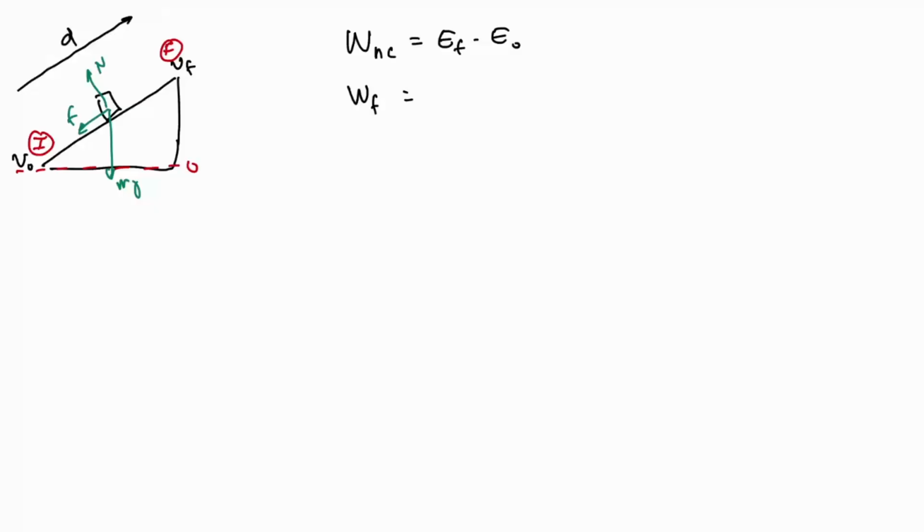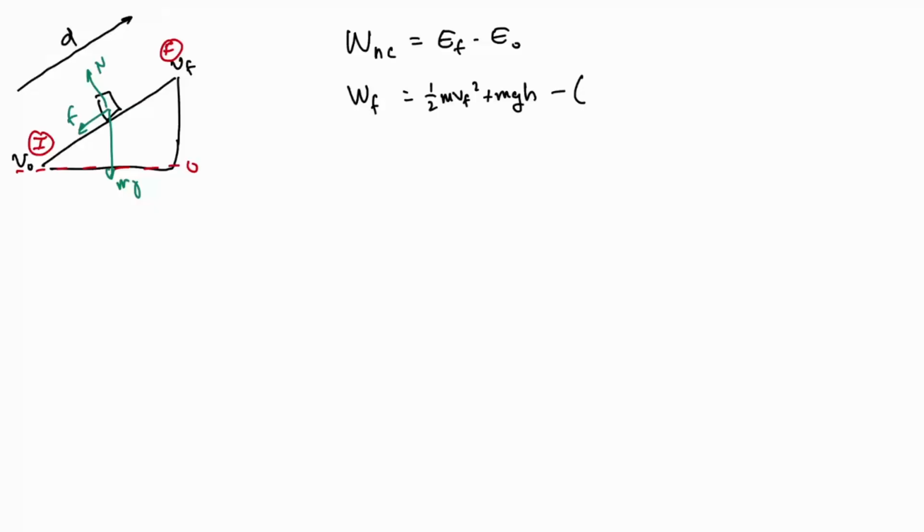Okay, final energy. What is it doing at the final point? Is it moving? Yeah. So it has 1/2 m v final squared, right? What kind of energy is that? Kinetic. Does it have potential energy up there? Yeah. Minus, same questions, but at the bottom.